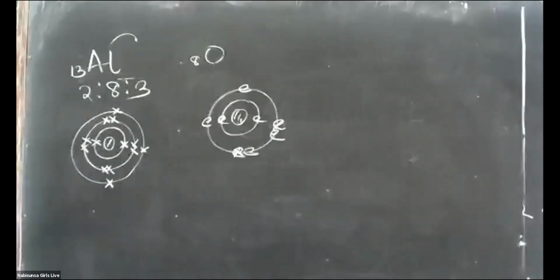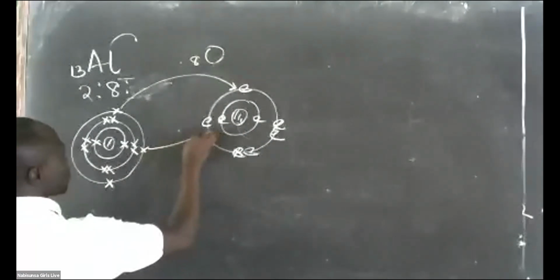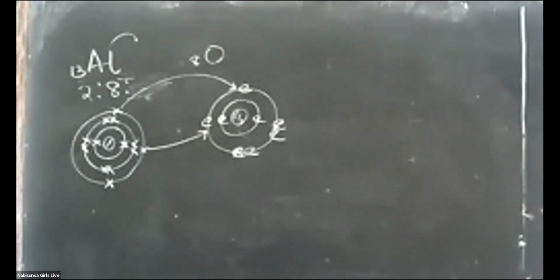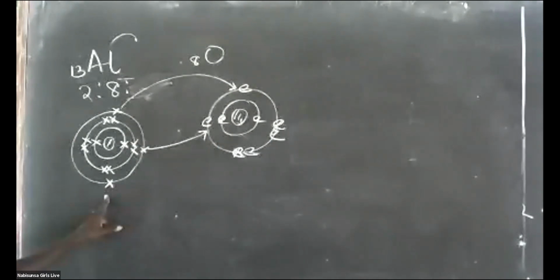So what will happen? This electron is going to this oxygen, which is comfortable, but aluminium has an extra electron here. An extra electron.